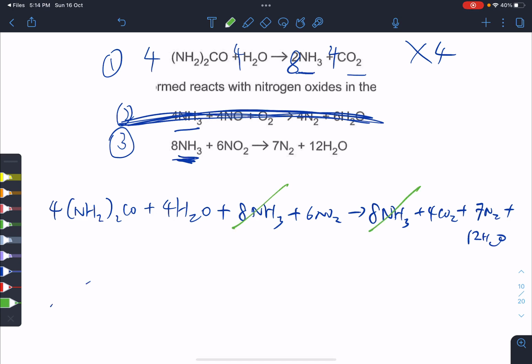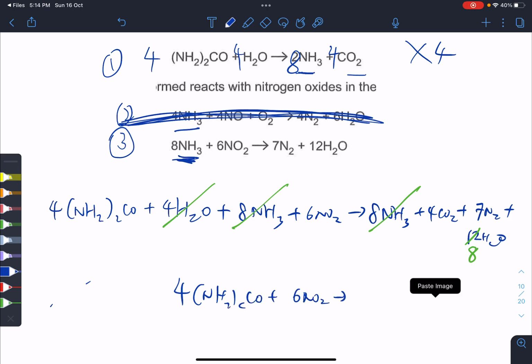Eight NH3, 4H2O. And there you have it. Your final answer is 4 urea plus 6 NO2, 4 CO2 plus 7 N2. Cool. That's it.